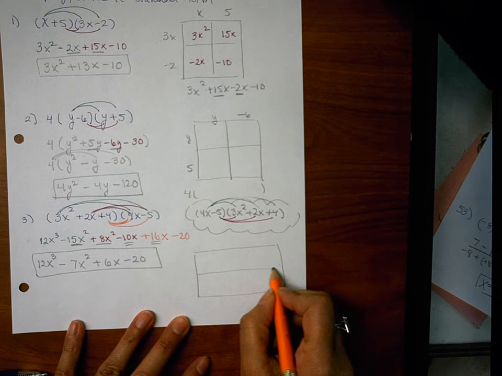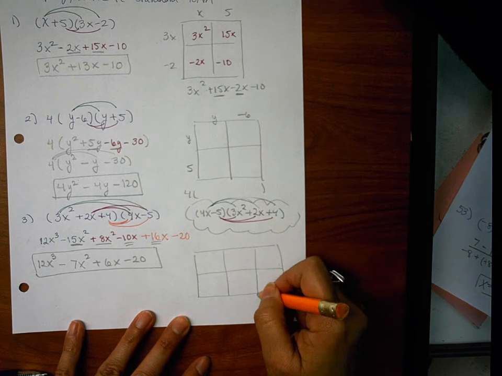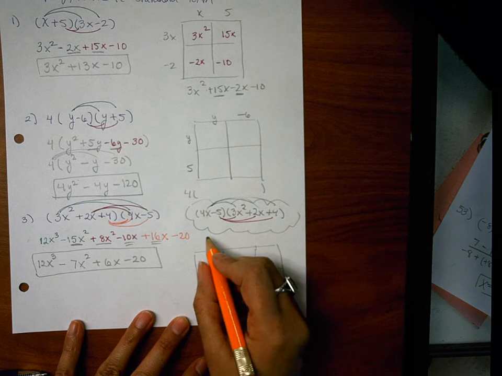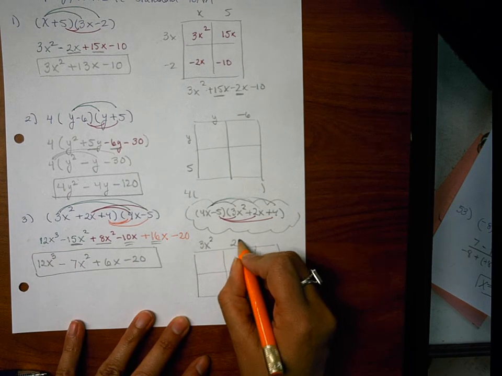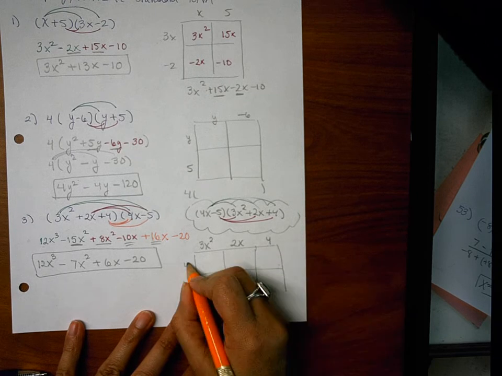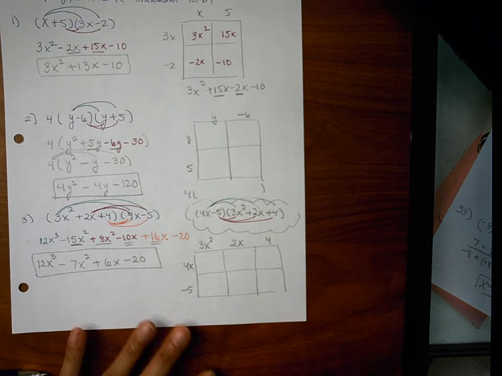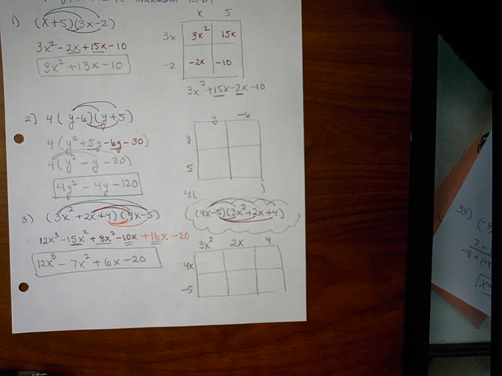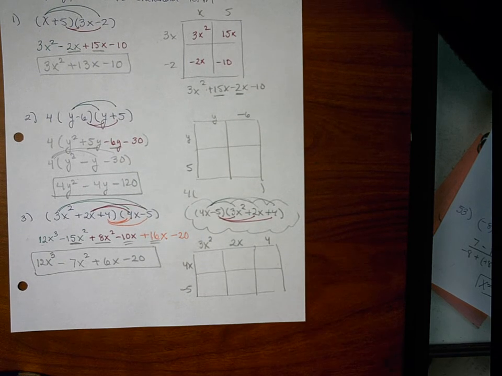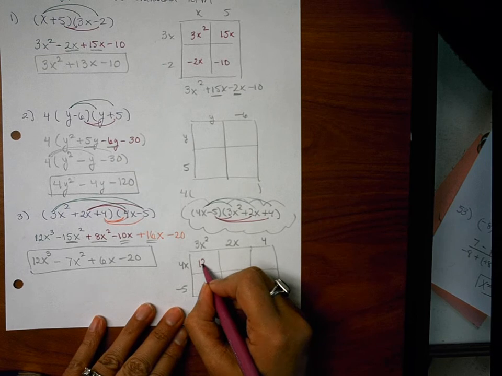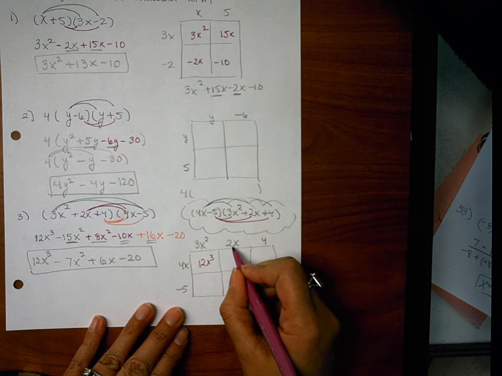And the last piece with this problem before we move on to the next one is, what if you are choosing the box method? So I'm going to go off this one. There's a 3x squared, a positive 2x and a positive 4, a 4x and a negative 5. If you don't like this method, fast forward and move on to the next problem. 4 times 3 is 12.